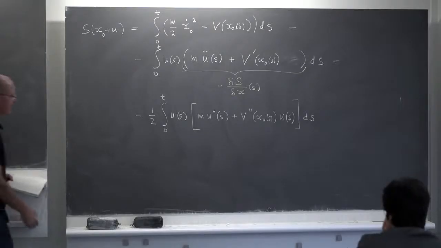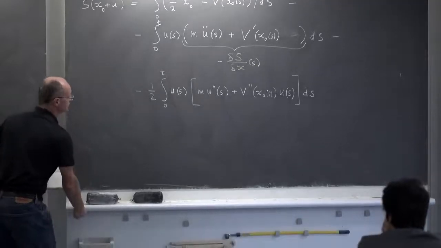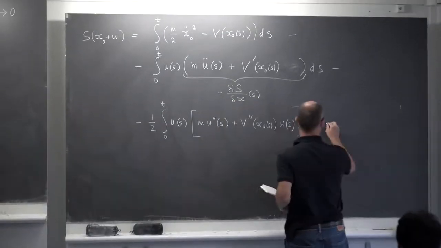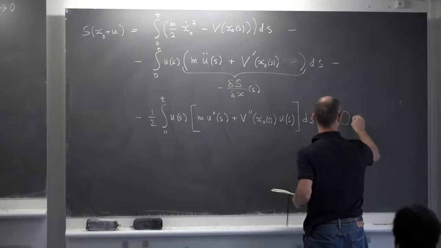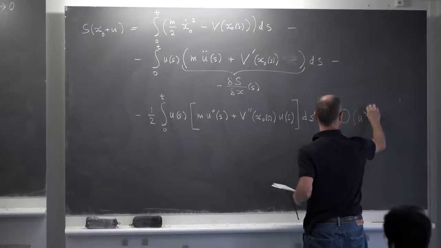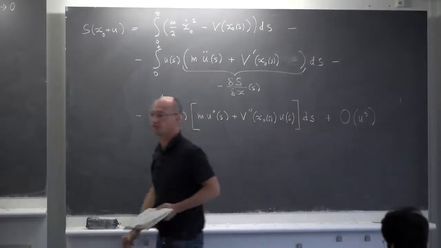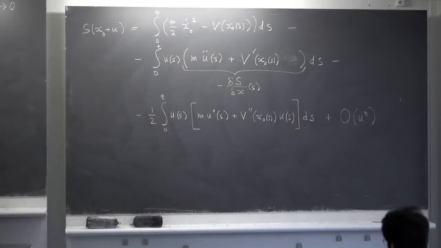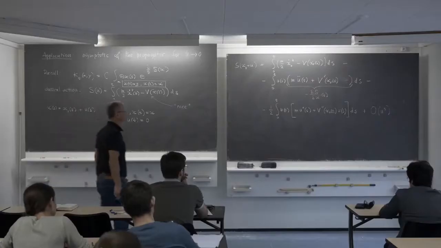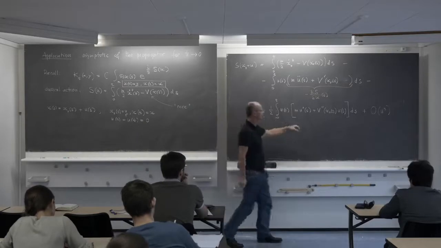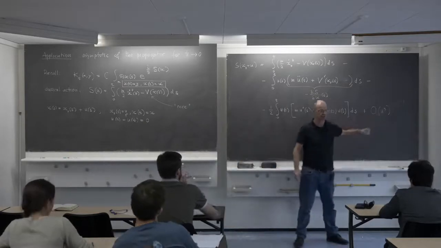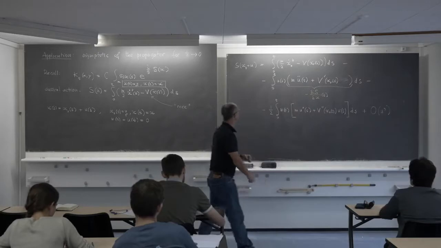So this is a quadratic term in u, and then a priori there will be further terms, right? V may be complicated, but let's stop here. So then there is something which is at least cubic in u.